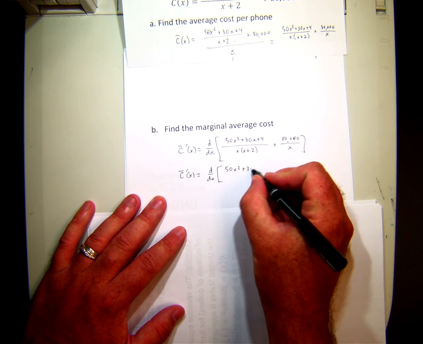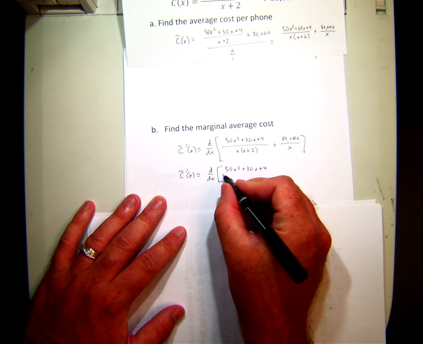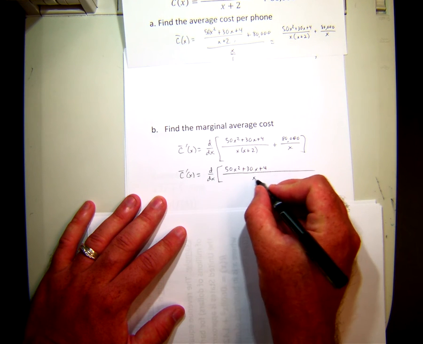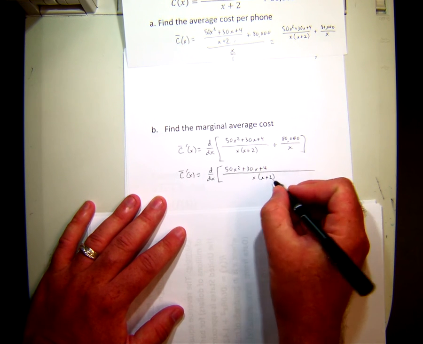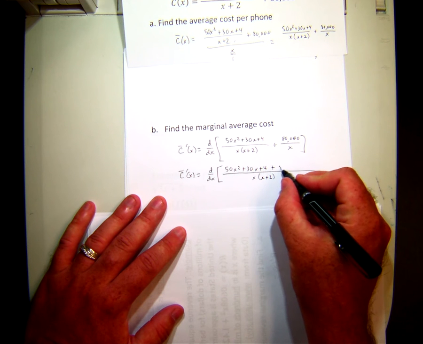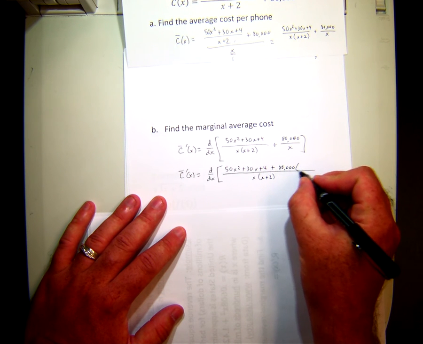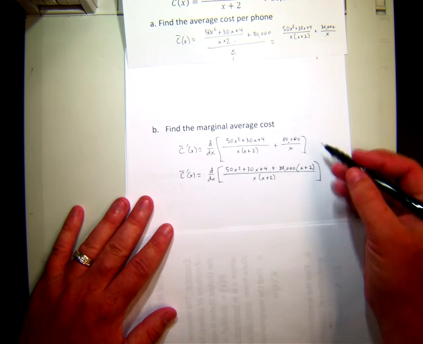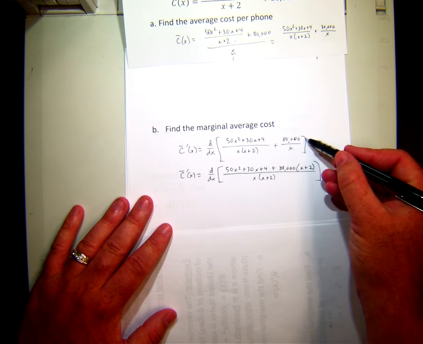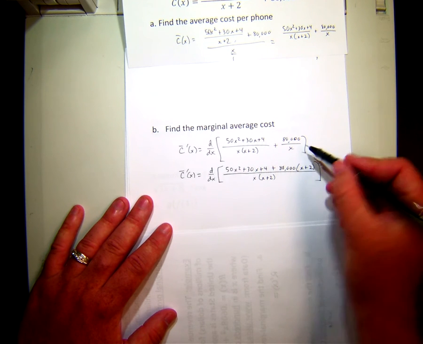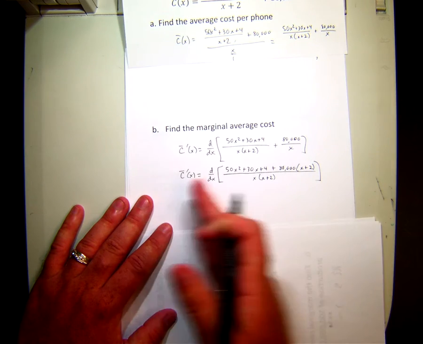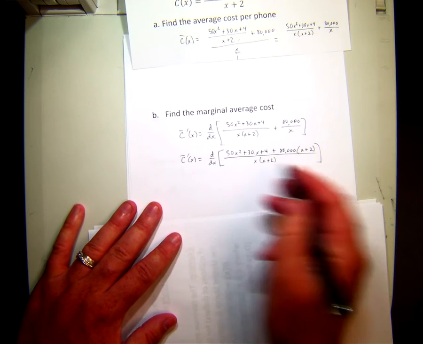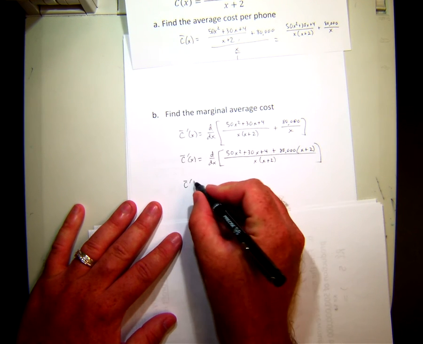50x squared plus 30x plus 4 divided by x times (x plus 2), plus, this is 80,000 times (x plus 2). Take a look at what I did, and do you see how I got a common denominator by multiplying by x plus 2, and now they have the same denominator, I can add all the fractions together. Now all we have to do is combine like terms.